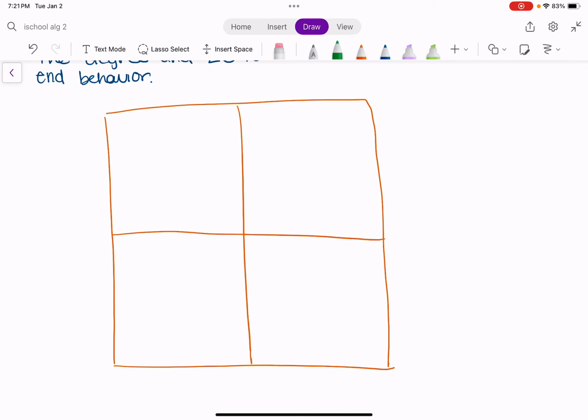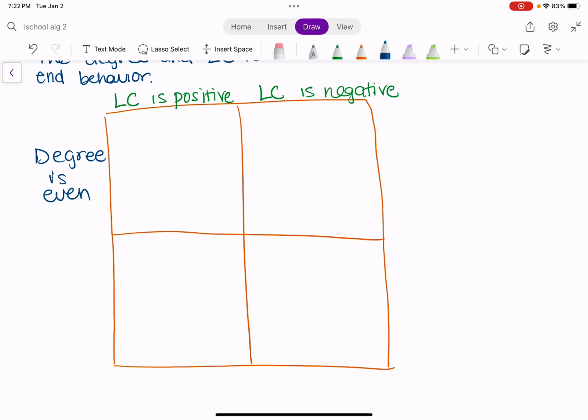With the leading coefficient, we care if it's positive or negative. So at the top here, I'm going to say leading coefficient is positive. Here, the leading coefficient is negative. And then for the degree, we care if the degree is even or odd. So degree is even and degree is odd.